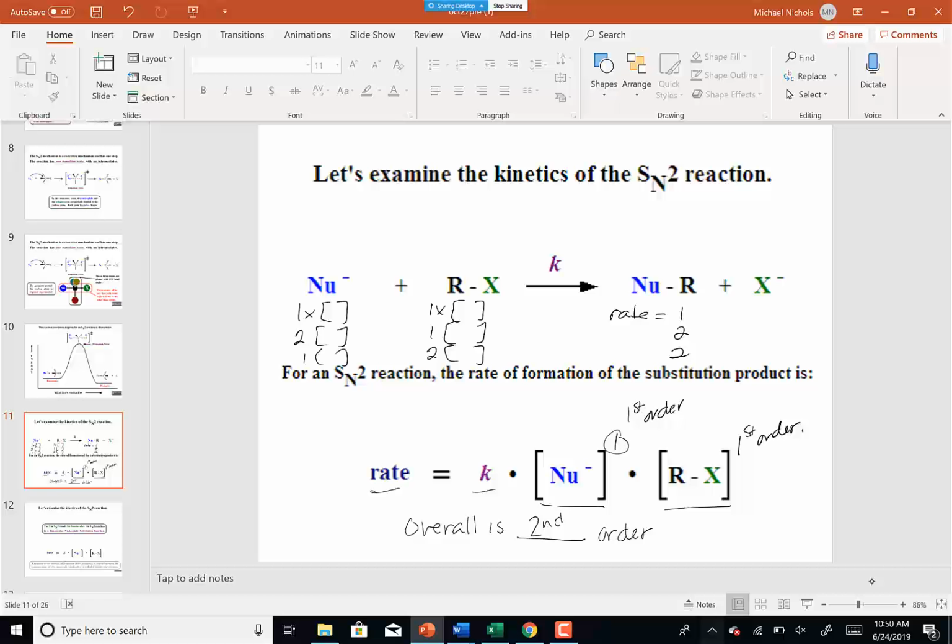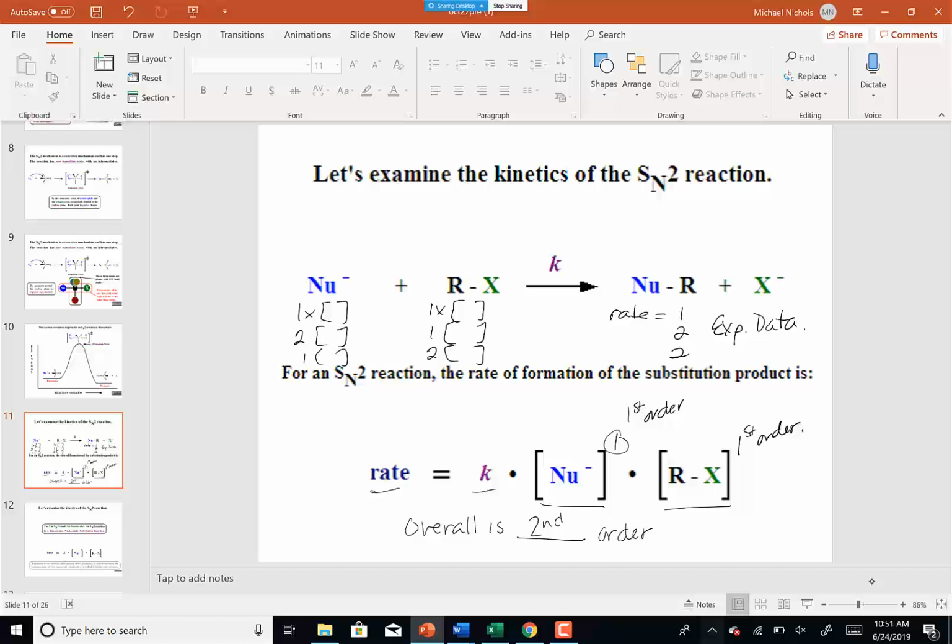But when I would talk about this, I would say, okay, we need to know this order because that's going to tell us how the reaction occurs. So I can only get these orders from experimental data. I actually have to go to the lab and do the experiments in order to get the overall rate equation in terms of it being first or second order.